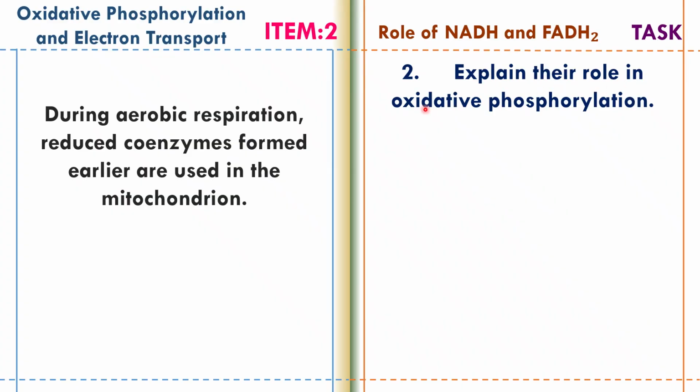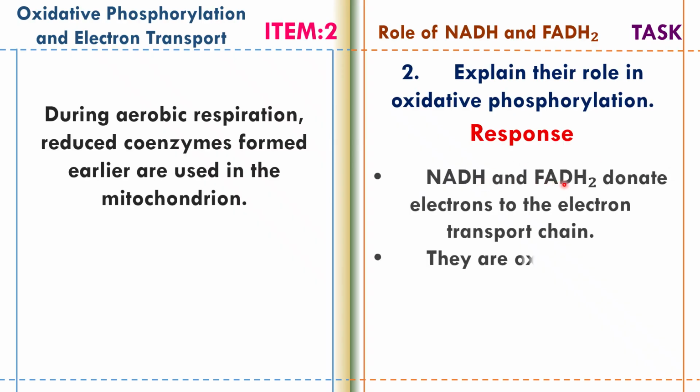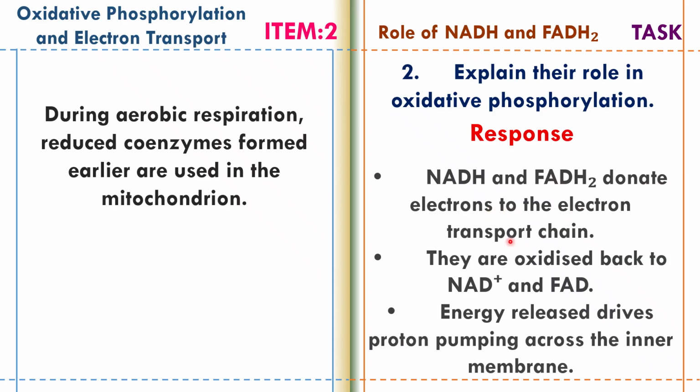Explain their role in oxidative phosphorylation. NADH and FADH2 donate electrons to the electron transport chain. They are oxidized back to NAD plus and FAD. Energy released drives the proton pumping across the inner membrane.